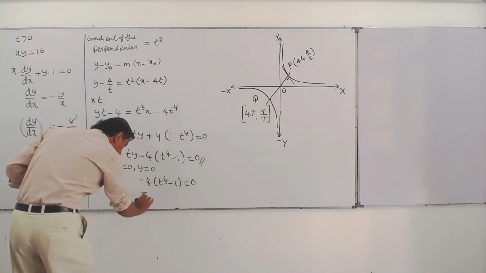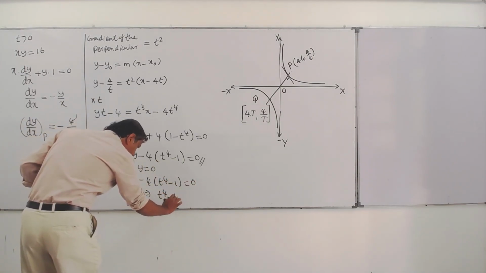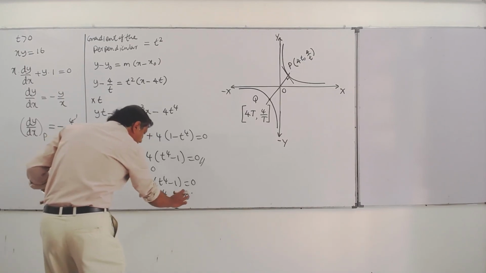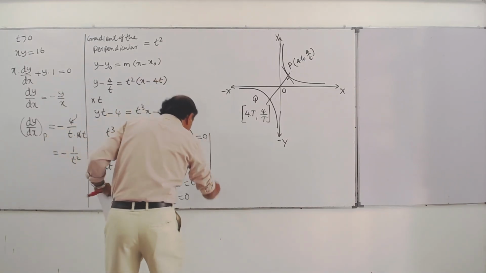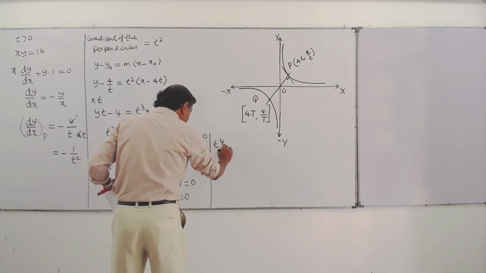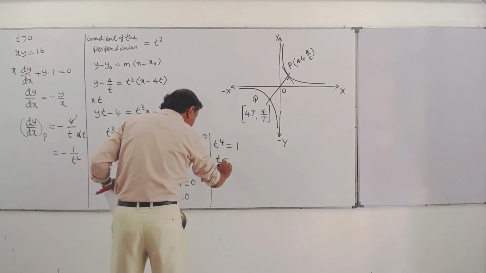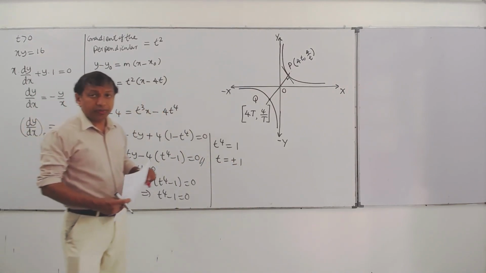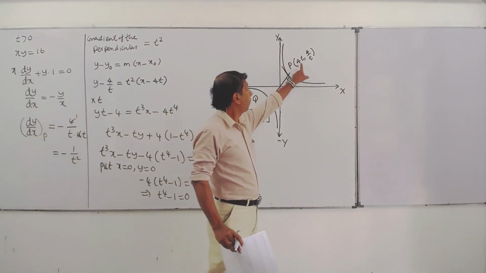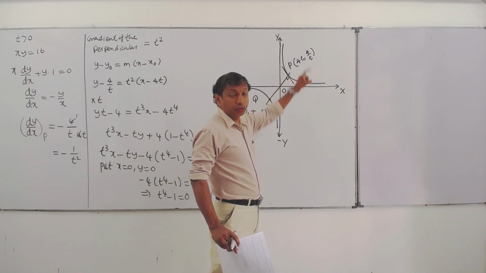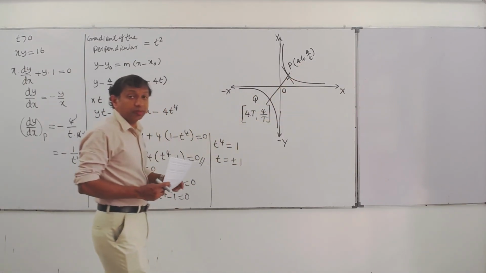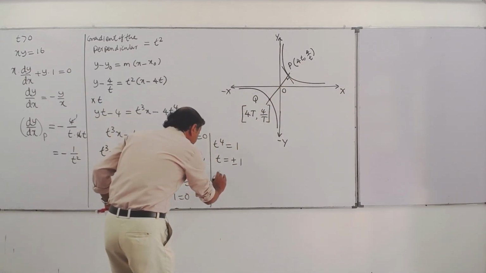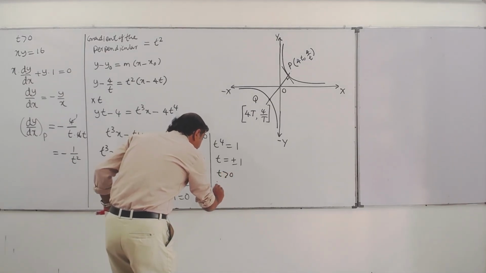That says t⁴ minus 1 equals 0. This gives us t⁴ equals 1, t equals plus or minus 1. But we said here P is in the first quadrant, so t should be positive. Therefore, out of these 2, we take the plus sign. t greater than 0, therefore t equals 1.